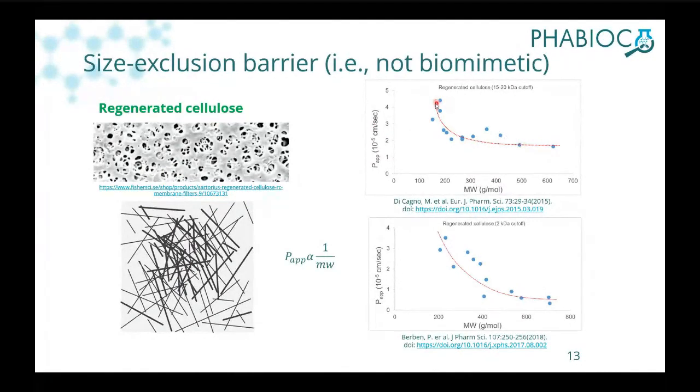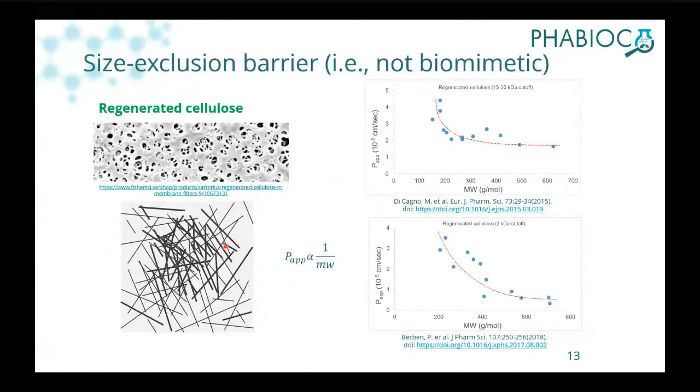And as you can see, the ranking of the permeability goes much along with the molecular weight. So to say that with this barrier, we get more like a size exclusion. The permeability is linked mostly to the size of the molecule. Small molecules will permeate faster, large molecules will diffuse slower. But this is not really biomimetic, this is just diffusion based.